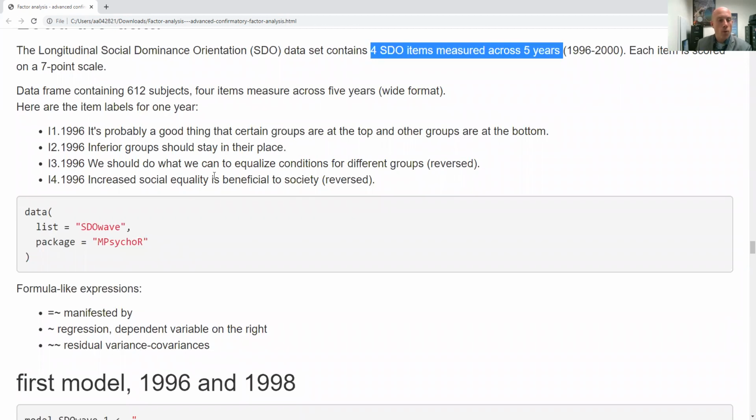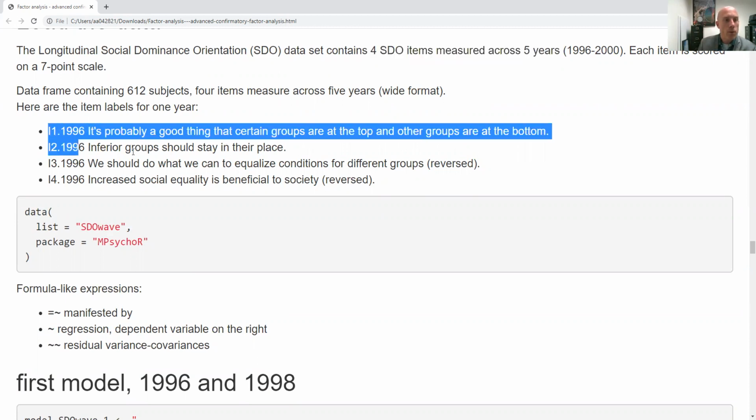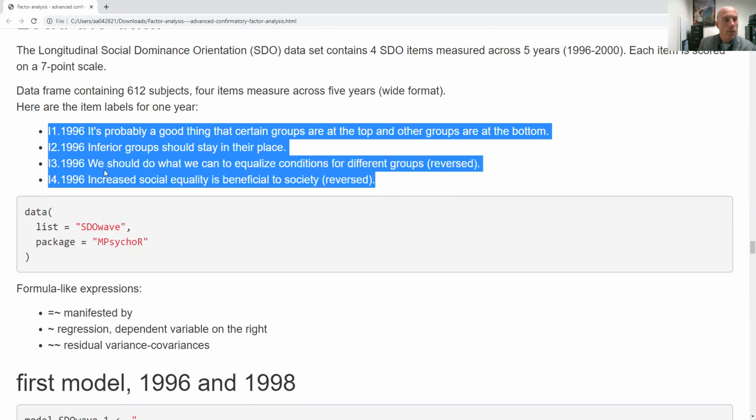Our confirmatory factor analysis is for 2 factors, and we're splitting up the indicators. We have anti-egalitarianism, and we have dominance on this one. And here are the fields that we have to work with.